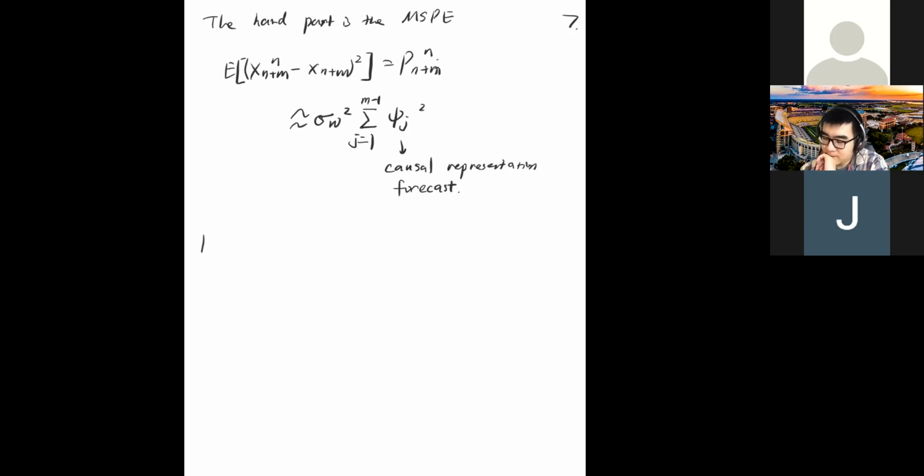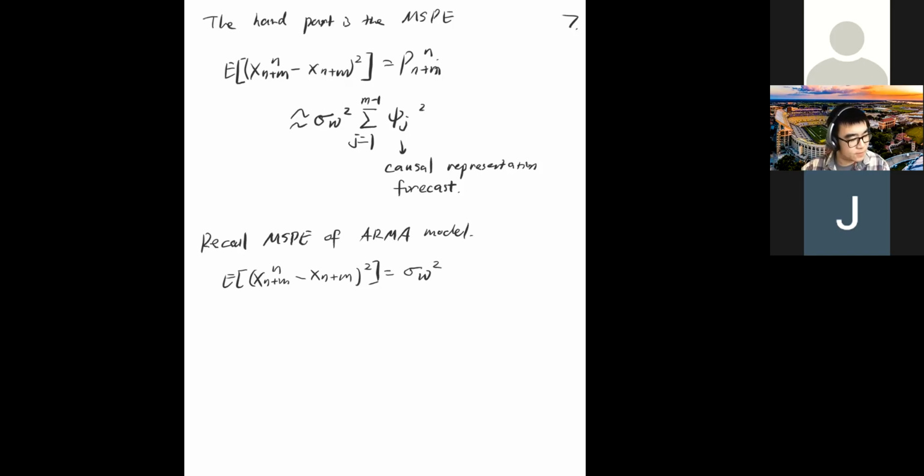Let's also recall the mean square prediction error of an ARMA model. This is just equal to this, again with the causal representation coefficients.